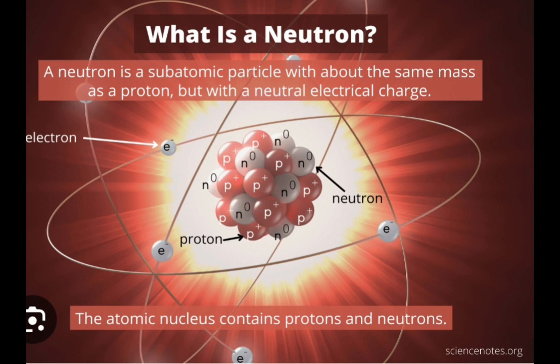Unlike protons, which are positive, and electrons, which have a negative charge, neutrons are electrically neutral. This means that they do not attract or repel other charged particles. Instead, they interact with other particles through the strong nuclear force which binds the atomic nucleus together.